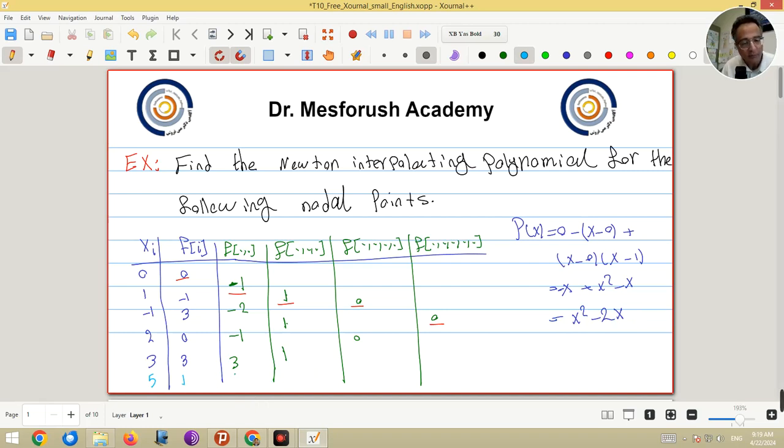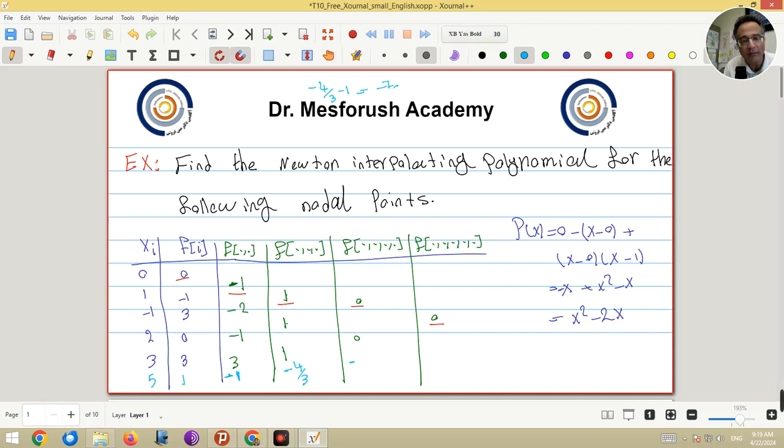For example, from these two, I can compute this term: 1 minus 3 over 2, it will be minus 1, okay? And from these two, I have minus 1 minus 3, minus 4 over 3. It will be minus 4 over 3. And here, I have to compute minus 4 over 3 minus 1.